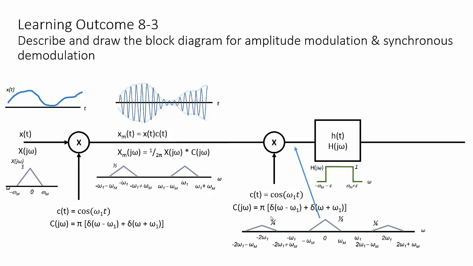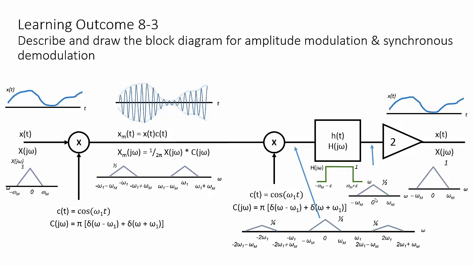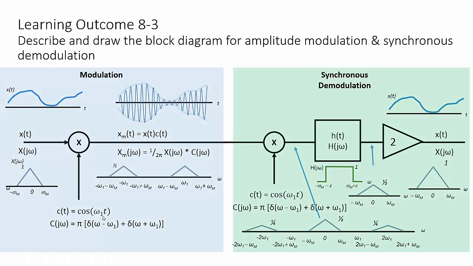We usually apply the filter first, which removes the two sidebands, and then we give it a gain. And now we have our original time signal and our original frequency signal. Even though we were thinking about the process just by looking at it in the frequency domain, the time domain signal is also returned. That part of the process is the modulation part of the process. That part of the process is our synchronous demodulation part of the process.